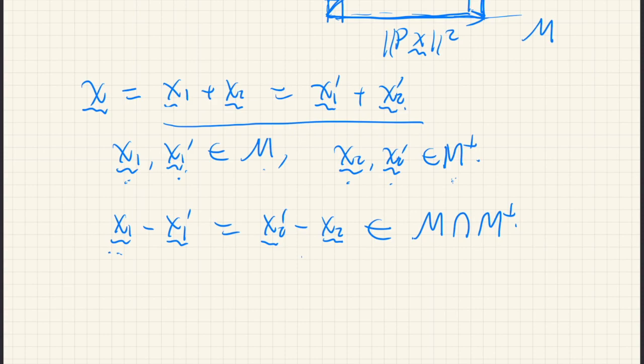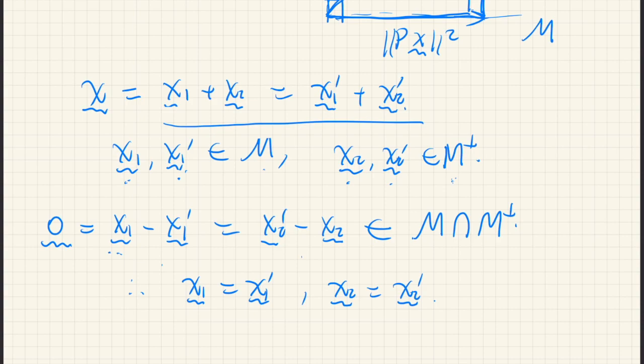So they must be equal to the 0 vector. Therefore, this is equal to 0 vector. From this, we conclude that x1 is equal to x1 prime and x2 is equal to x2 prime. And we're done. So the orthogonal decomposition of a vector is unique.